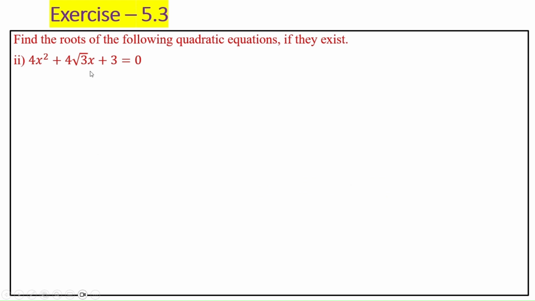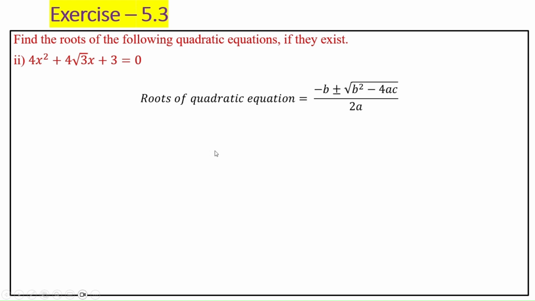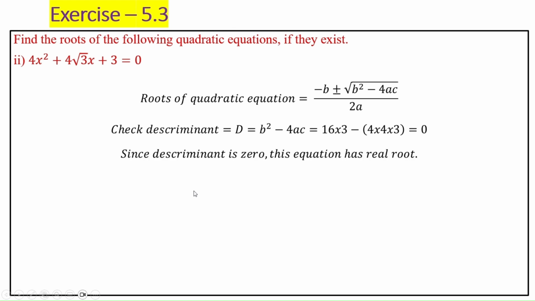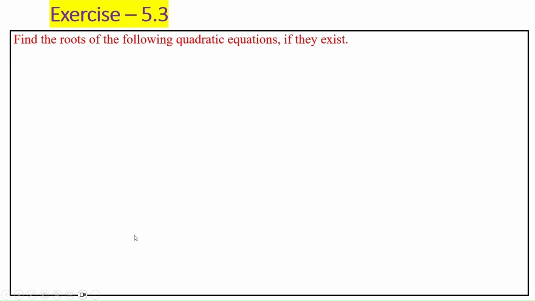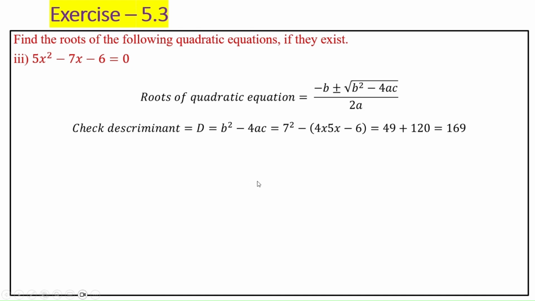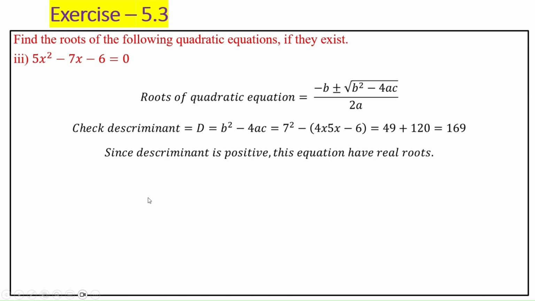Next, 4x square plus 4 root 3 x plus 3 equal to 0. Same thing. The discriminant is 0, so roots exist, and the root is minus square root of 3 by 2. Next, 5x square minus 7x minus 6 equal to 0. The discriminant is 169, which is positive, so roots exist, and the roots are 2 and minus 3 by 5.